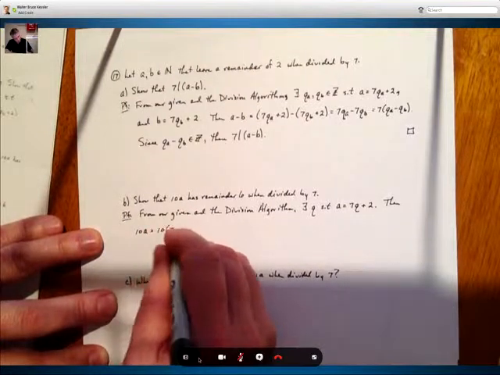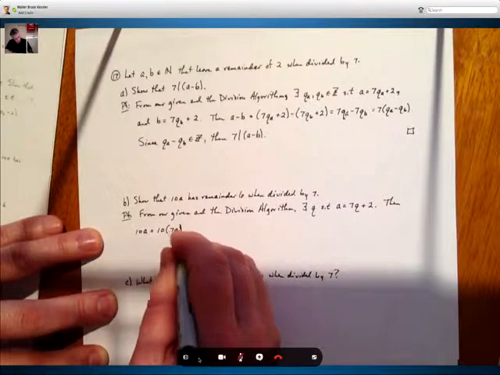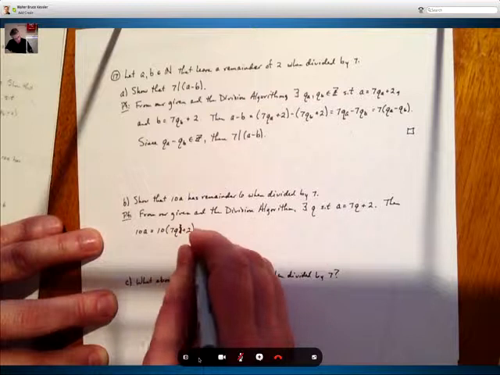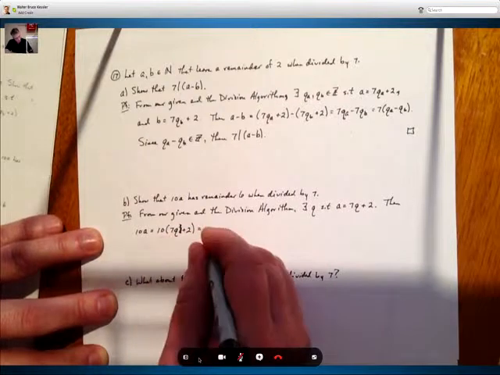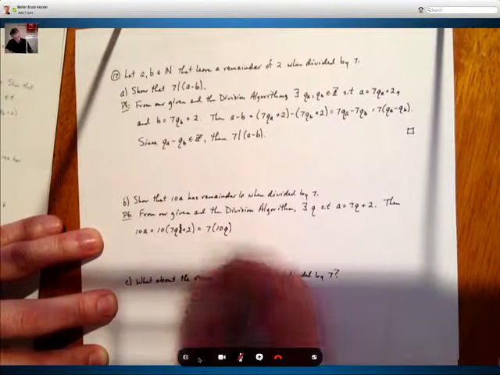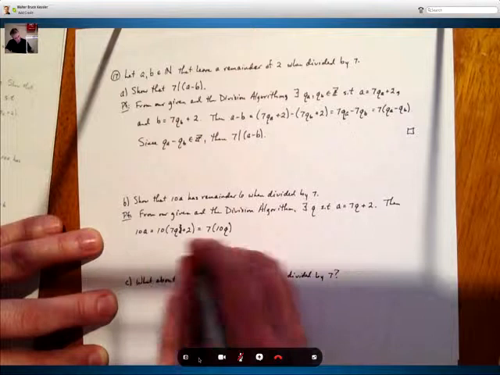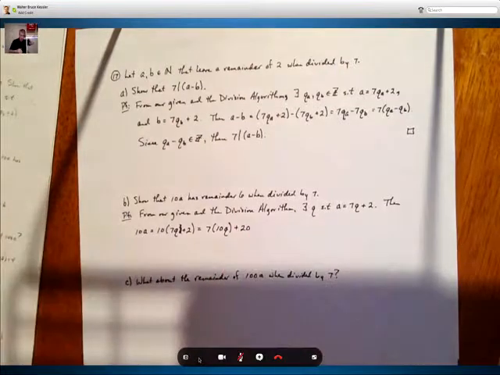Then 10a would be 10 times this 7q, I meant to put my 2 in there, plus 2. So this is actually 70, but I'm not going to multiply that out. I'm going to say 7 times 10q. Just swap them out.